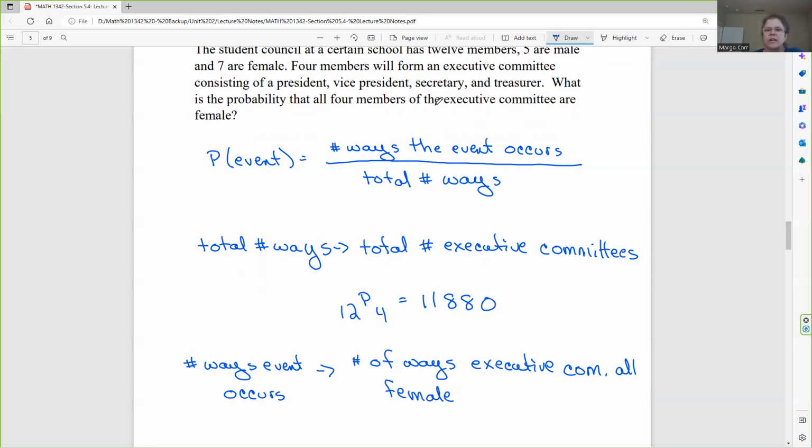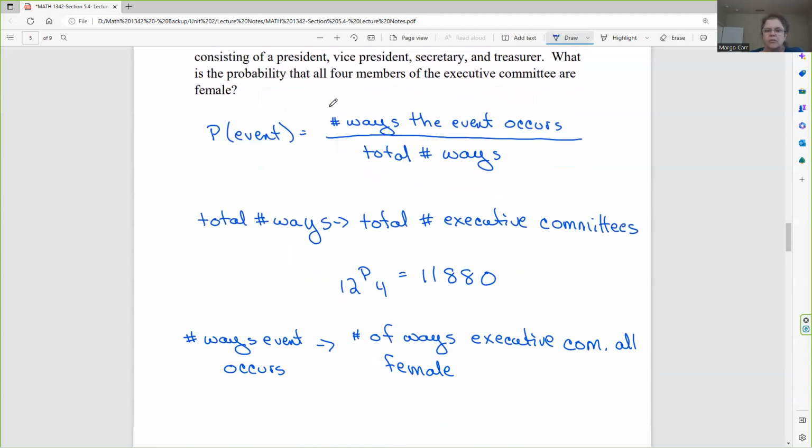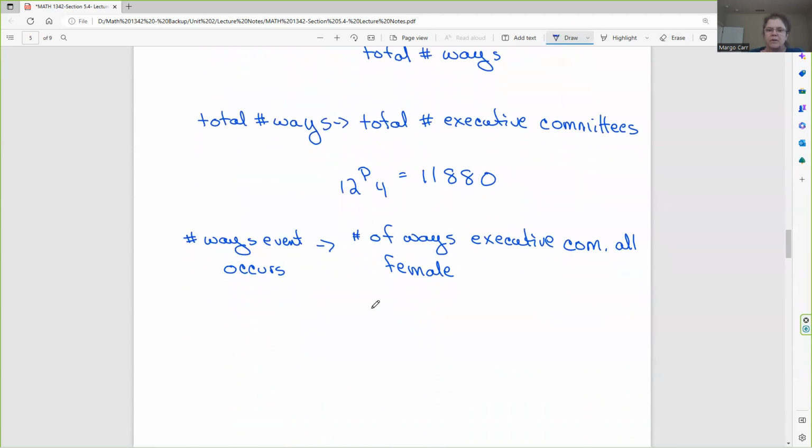So you'll notice here that we have 7 females, right? So it's going to be 7 P4. So we're limiting from the 12 total, we're limiting it down to the 7. So we have 7 P4, and that's 840.